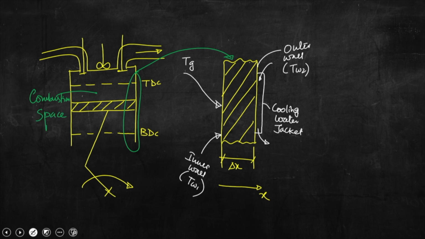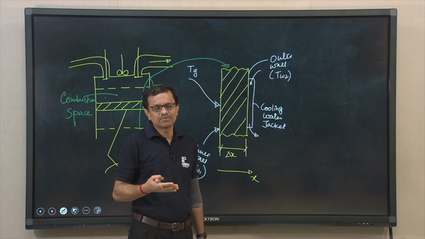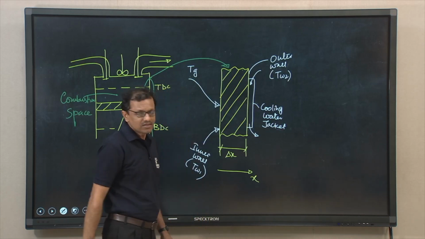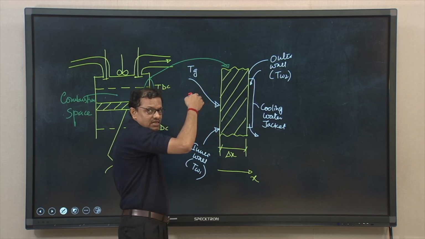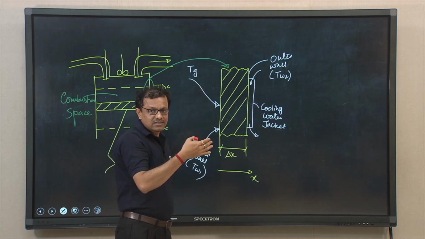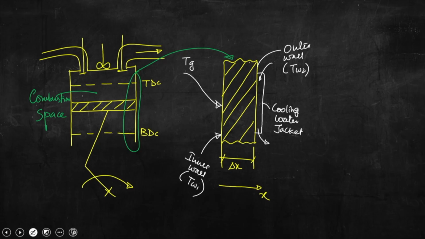When combustion occurs, this Tg is of the order of 3000 Kelvin. Certainly, it is not needed that 3000 Kelvin should be transferred, I mean, we need brake thermal work. The moment combustion occurs, the rise in temperature initiates convective transport of heat from the combustion gases to the inner wall of the cylinder.